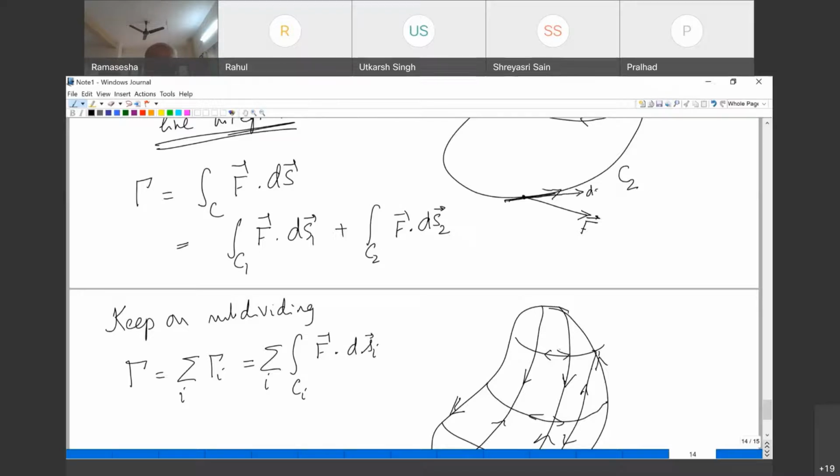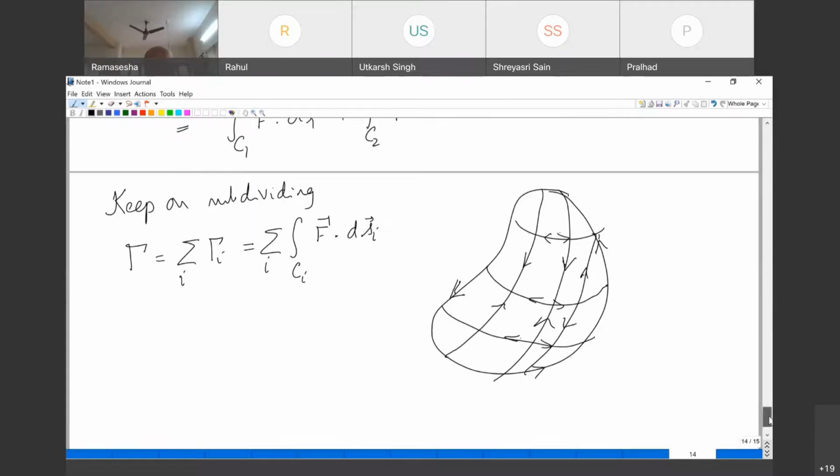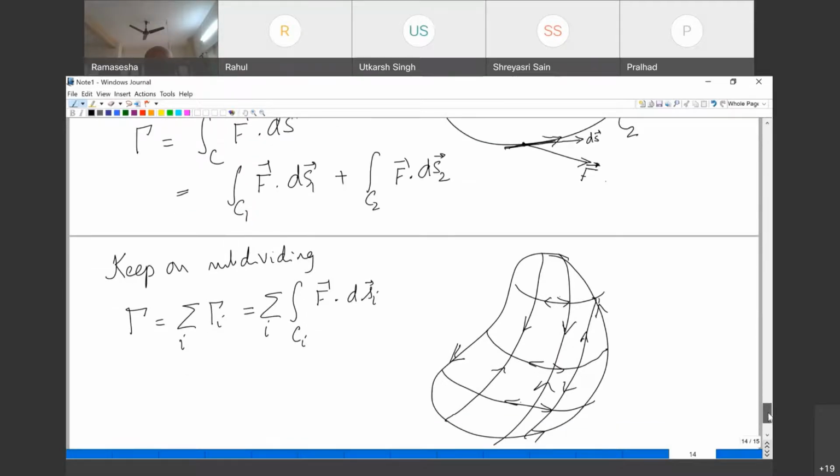So this is the ds. ds is the tangent and f is here. So f dot ds is actually the inner product of the vector field f with the change in length of the curve ds. Is it clear? It's actually f dot ds. So ds is along the tangent.